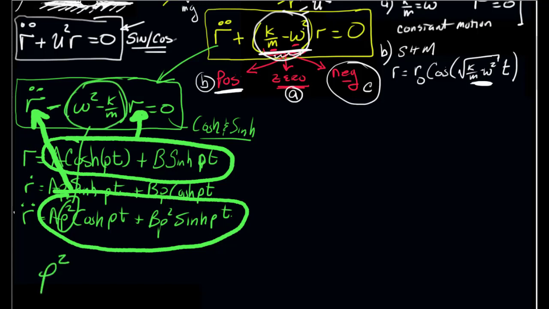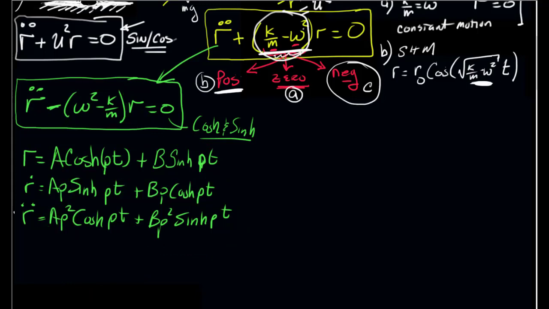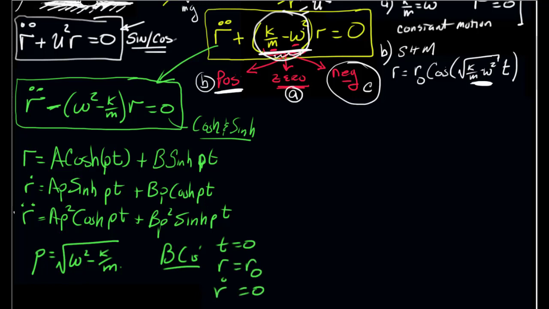So we find that p squared is equal to omega squared minus k on m, and we find that that becomes a valid solution if we use that for our guess of p up here. Now for the boundary conditions, they're the same ones. At t equal to 0, r was r0 and r dot was 0. We check that here. Cosh of 0 is 1.